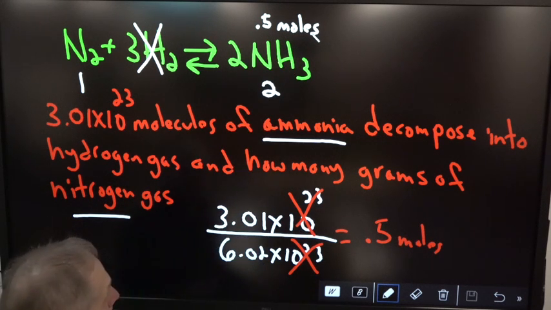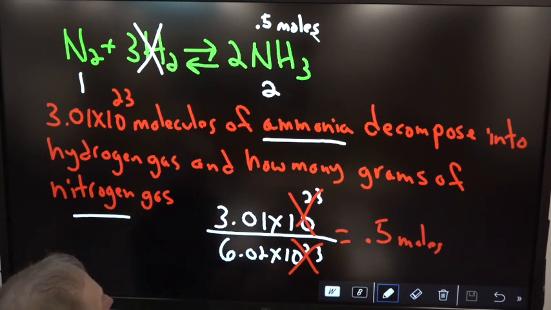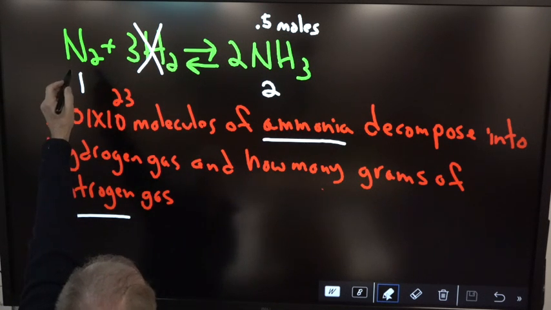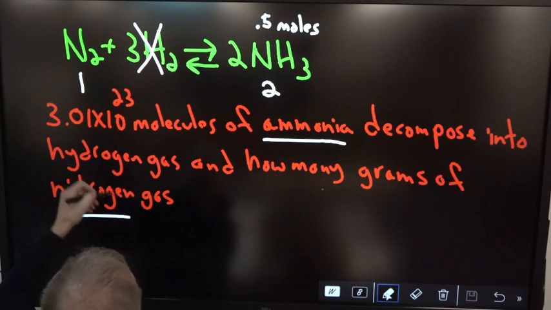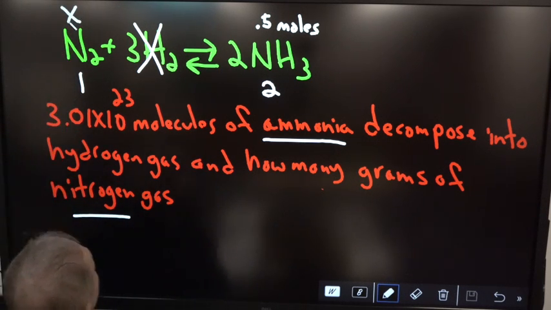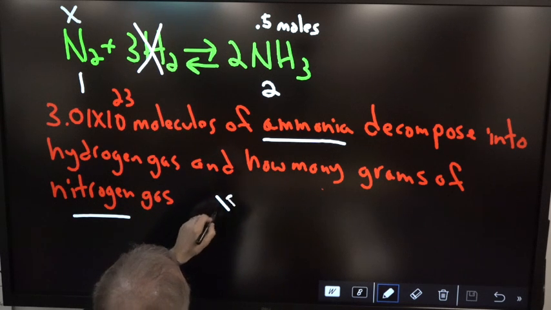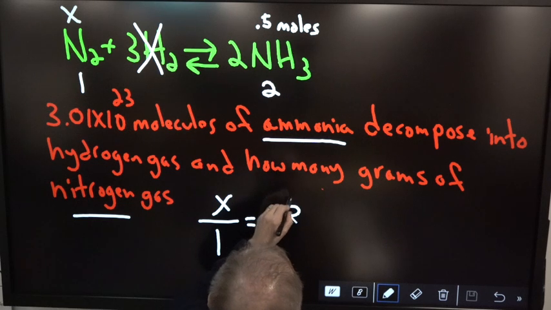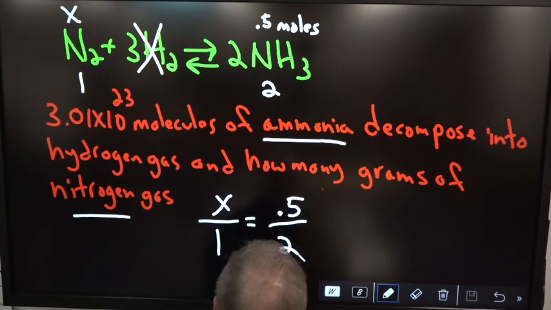Now, I'm going to go for my ratio. Before I do the ratio, that's what I'm looking for, nitrogen gas, so I have to put X above nitrogen gas. So the ratio will be X over 1 equals 0.5 over 2.